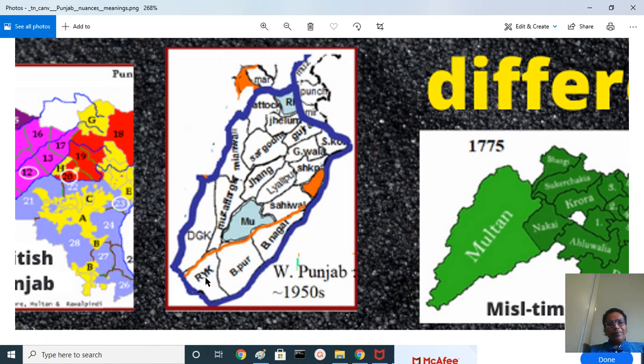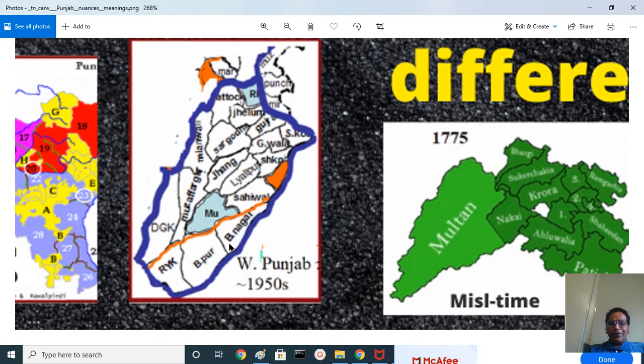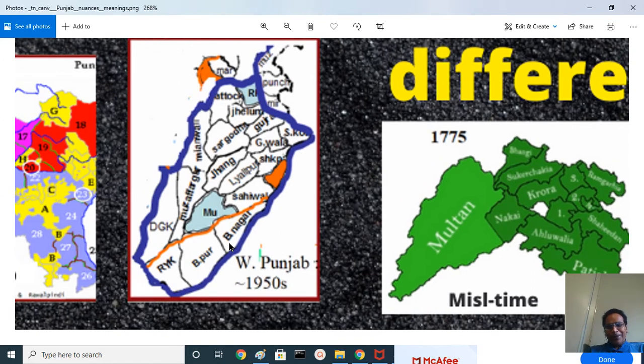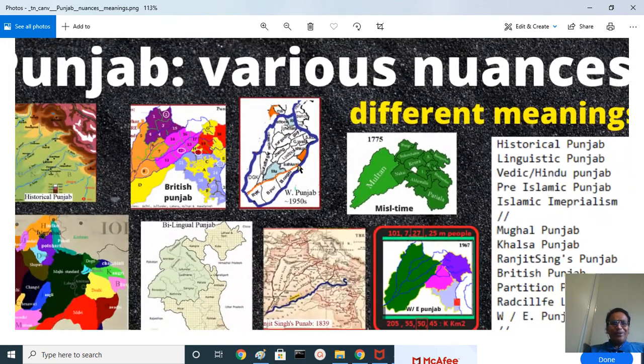They formed later three districts, Rahimyar Khan, Bahawalpur, Bahawalnagar. So this is West Punjab. When you say Punjab, for people living in Pakistan, this is the Punjab they are talking about. And when people in India say Punjab, they are talking about a small part of Punjab, East Punjab.